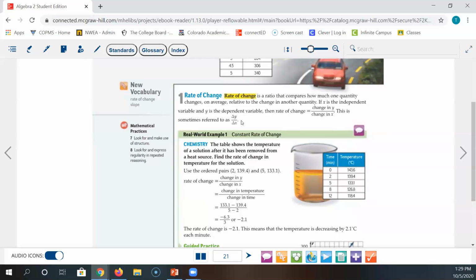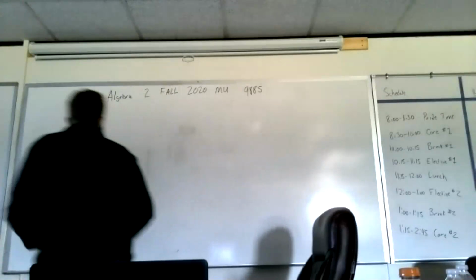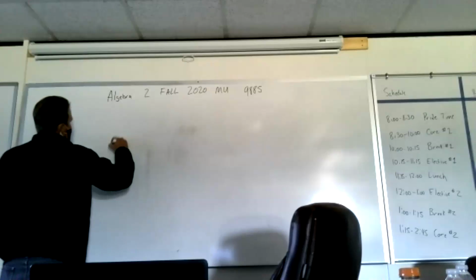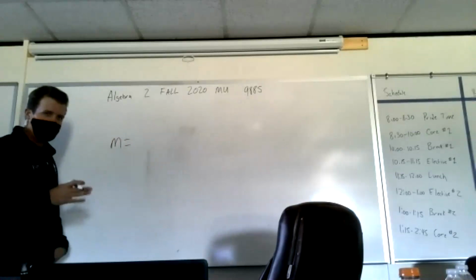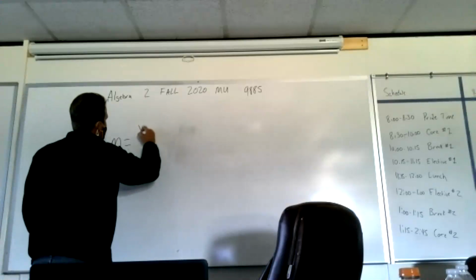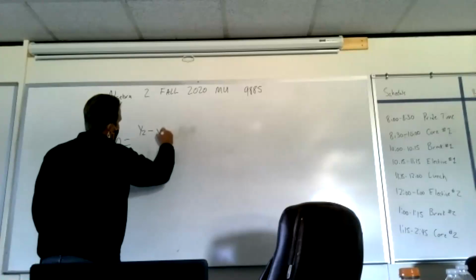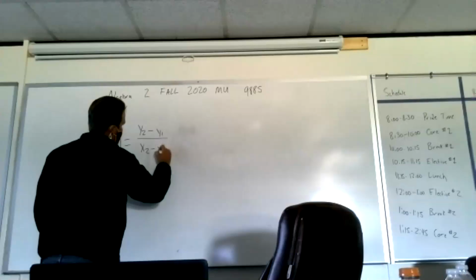This sets up what's known as the slope formula. I wouldn't be surprised if you've already seen this. M is the variable that is most commonly used when we're talking about slope. M is equal to y2 minus y1 over x2 minus x1.